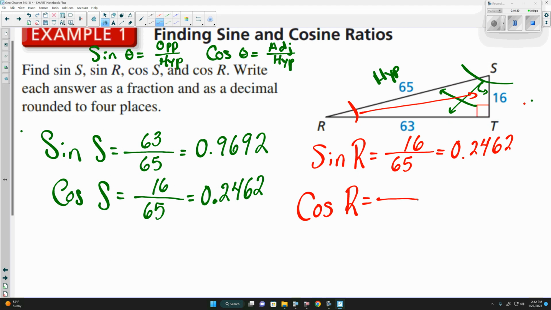Cosine of angle R is adjacent over the hypotenuse. So is it the same thing as the sine of S? Yes. So adjacent is the side opposite angle S, so 63. And the hypotenuse is? 0.9?